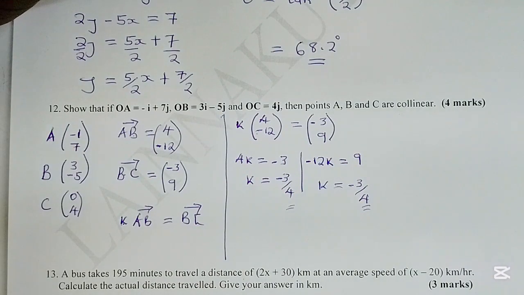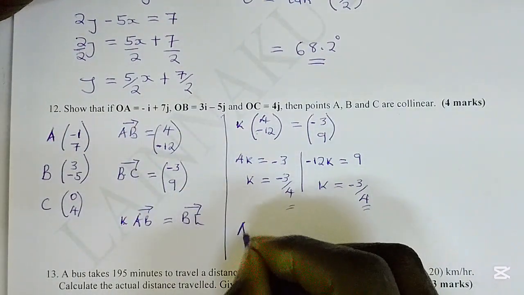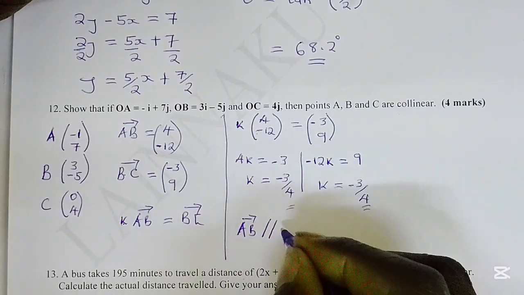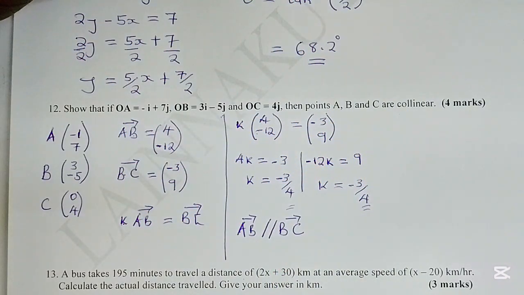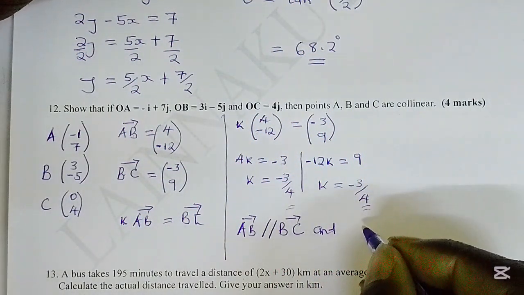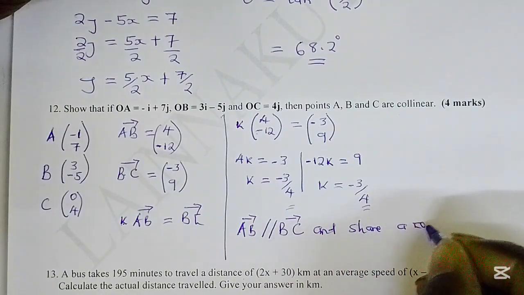So you can see that the values of K are the same, they are equal. So it means that the vector AB is parallel to the vector BC. So we have proved that they are parallel and share a common point.